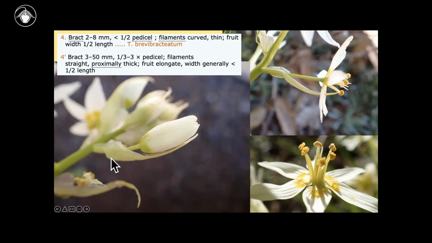So here is the bract, and here is the pedicel. So the bract is much longer than the pedicel, and you can see the base of these filaments are thick proximally.